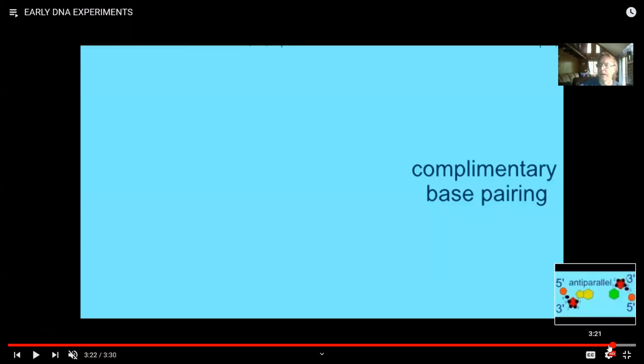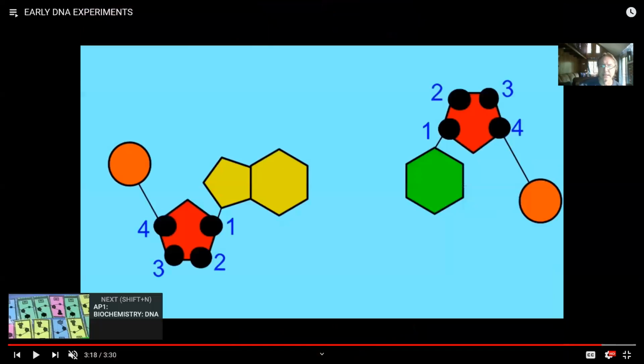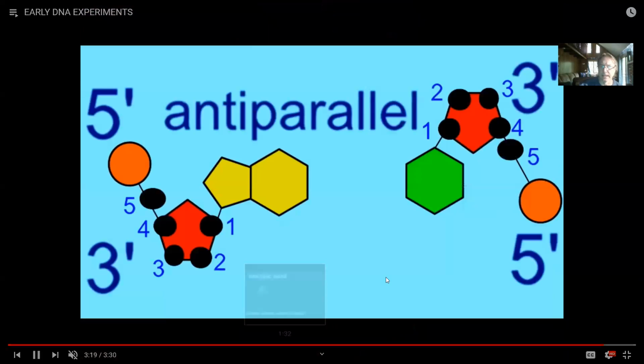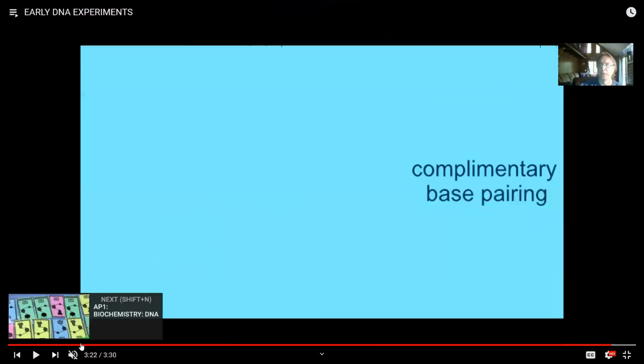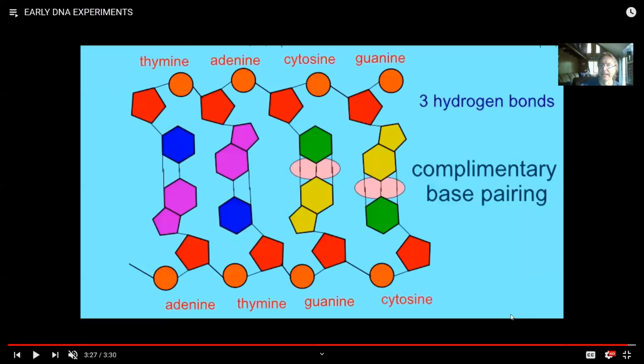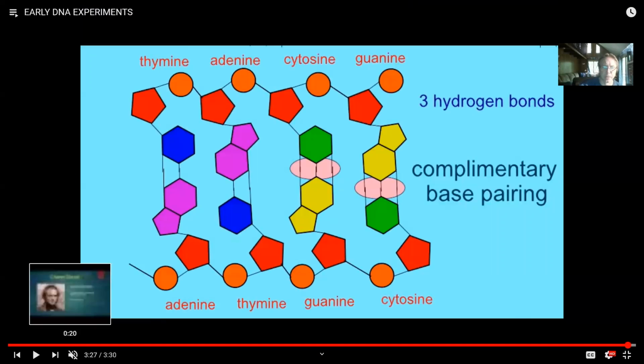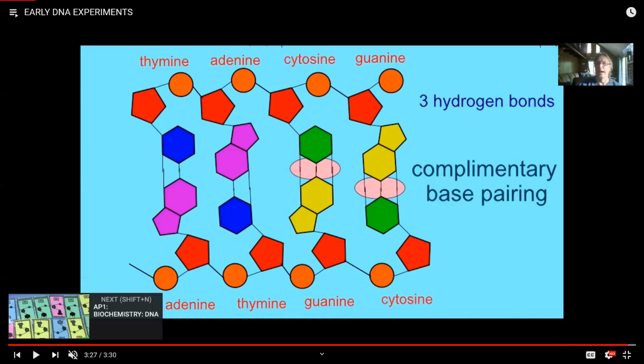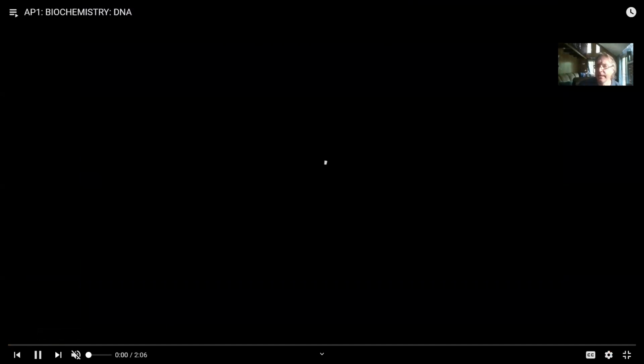They were what's called anti-parallel, as I'll be describing once again in a second. One went 5' to 3', the other one went 3' to 5', and there was complementary base pairing where adenines bound with thymines, etc. Okay, so I'll go through all of that presently, but this then revolutionized our understanding of biology.